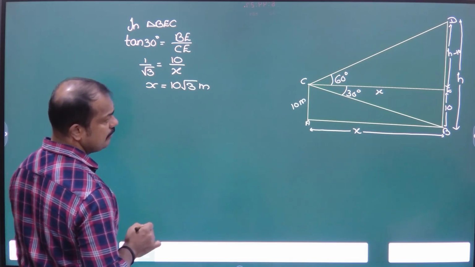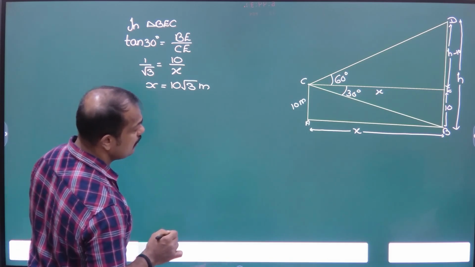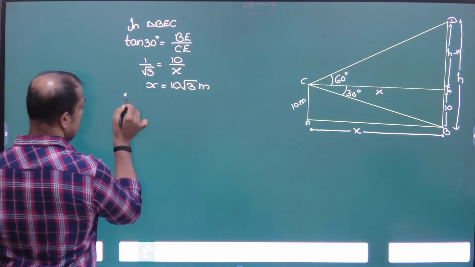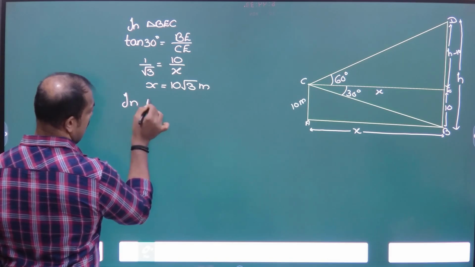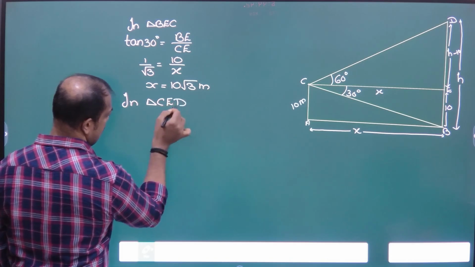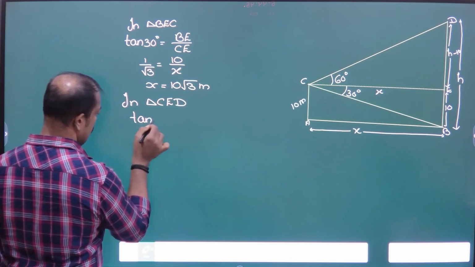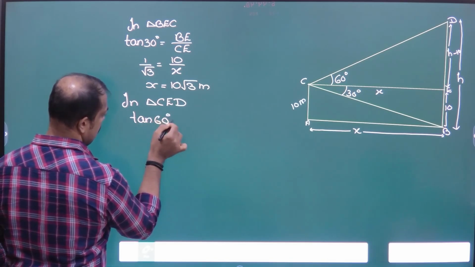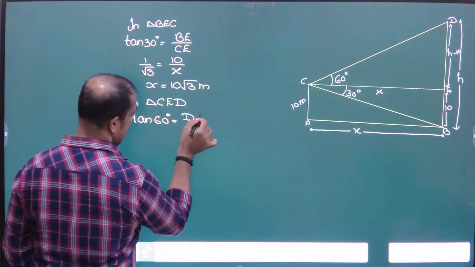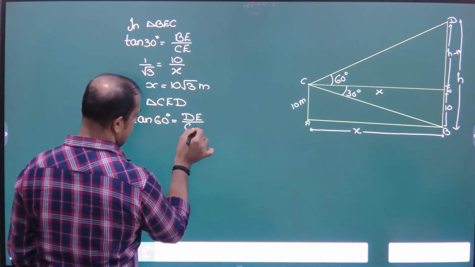Next, apply tan 60 in which triangle? CED. In triangle CED, tan 60 is equal to DE divided by CE.